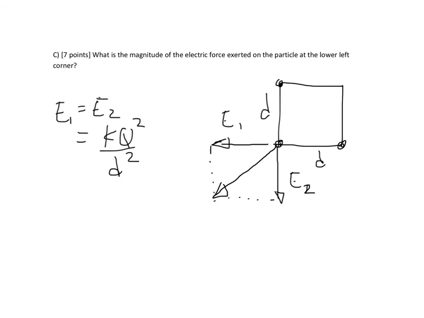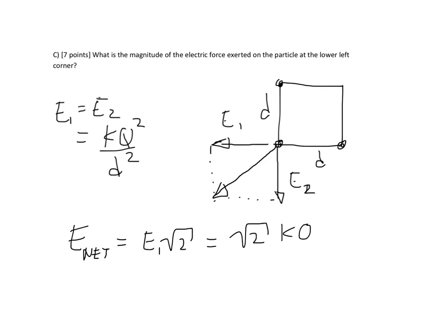So the magnitude of the sum, the net force, will just be the magnitude of any one of them times the square root of 2, which is the square root of 2 kQ squared over d squared.